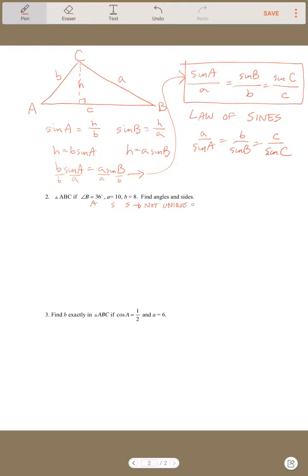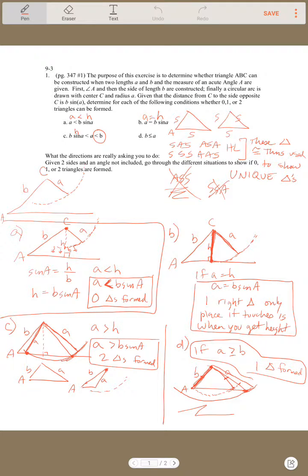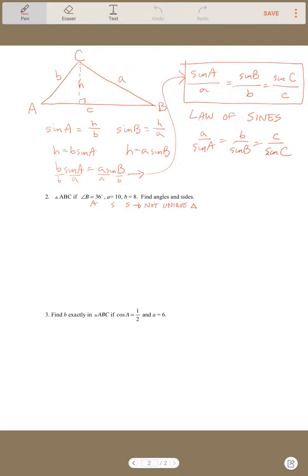And because you don't have a unique triangle, there is the possibility, as we saw before, of maybe having 0 triangles, maybe 1 triangle, maybe 2 triangles, maybe it's a right triangle, or maybe it's just some other kind of triangle, like isosceles. So that's our job to figure out: what kind of triangle are we dealing with?